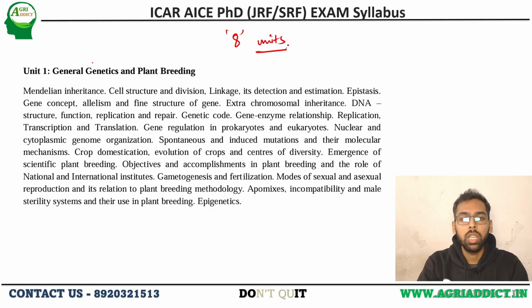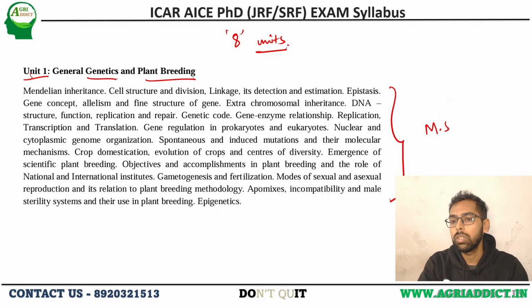I'll be mentioning each unit and the books that we need to refer to in order to get the maximum benefit. Regarding unit 1, it generally consists of genetics and plant breeding. Most of the syllabus shown here is the basic syllabus which you need to cover in the MSc, so most of these things you will already know.